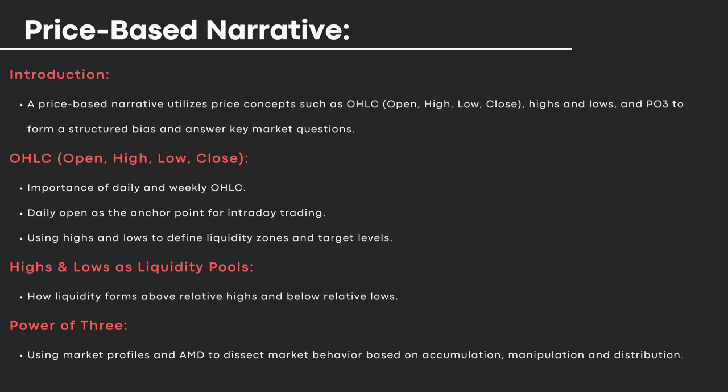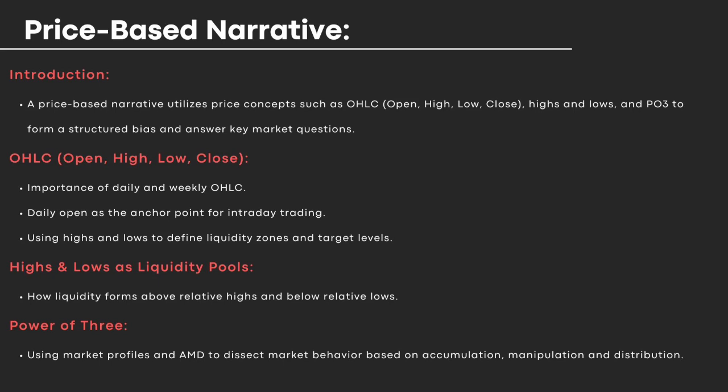First of all, we've got the open high low close concept. The open high low close concept basically acts as an objective tool for you to define your anchor points during the day, right? The open high low close levels work both on the daily and the weekly candle, right? And they are basically the foundation of price based narrative.